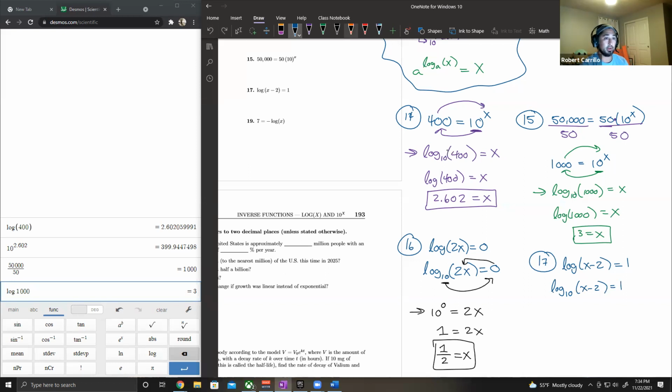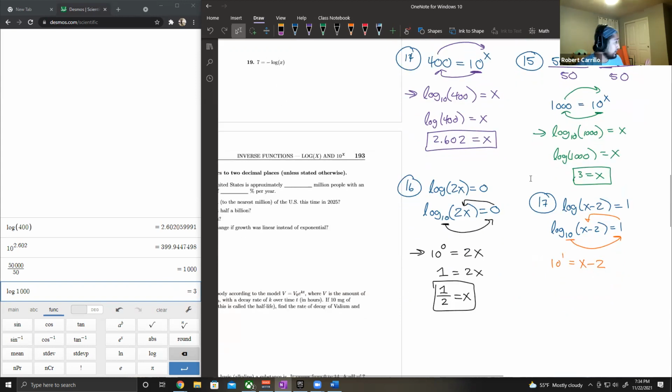And now convert. 10, raise it to the first power, set it equal to whatever's inside our log, x minus 2. Okay, we've cleared the log out. We have a much easier equation to work with. Now we solve for x. 10 to the first is 10. And you get 10 equals x minus 2. Add that 2 over, and x is going to equal 12.